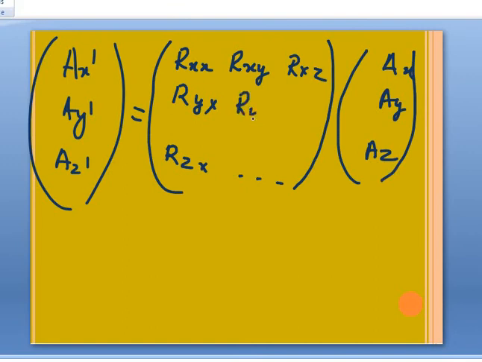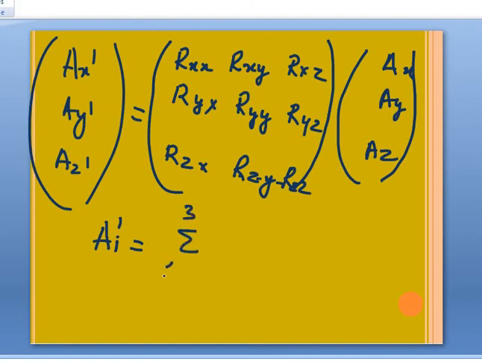This will be ryy, ryz, rzy, rzz. Okay, fine. Now this can be generalized, and this can be written as ai prime. Ai prime is the sum over j equal to 1 to 3 of rij aj. Here index 1 stands for x, 2 stands for y, 3 stands for z.